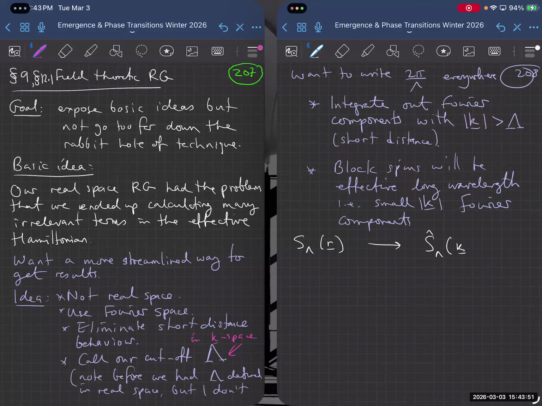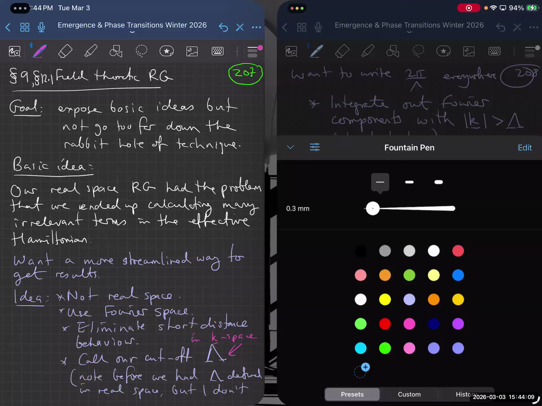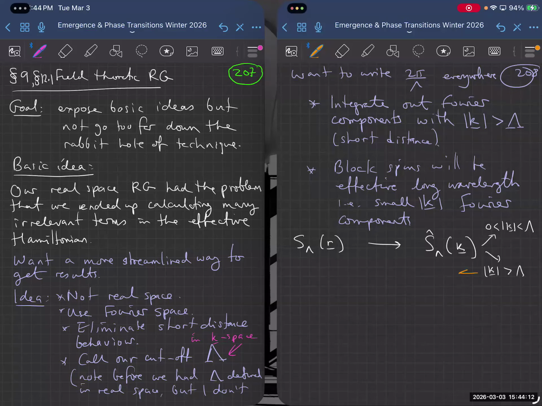So it's going to be like this, and then we're going to look at components where naught is less than k is less than the cutoff lambda, and those ones we're going to keep, and the ones where k is greater than lambda, those ones we are going to eliminate, integrate out. And these ones we're going to keep. So that's the basic idea.